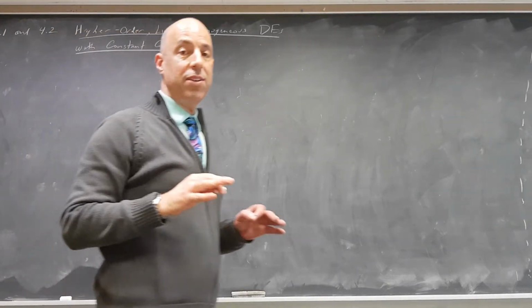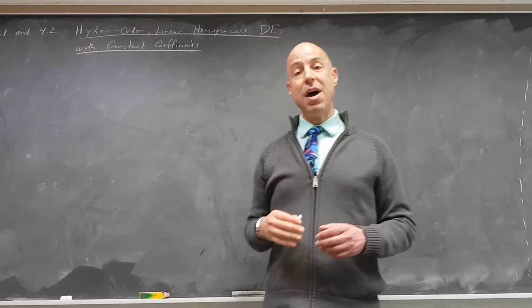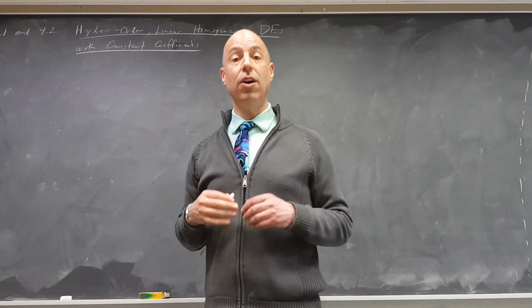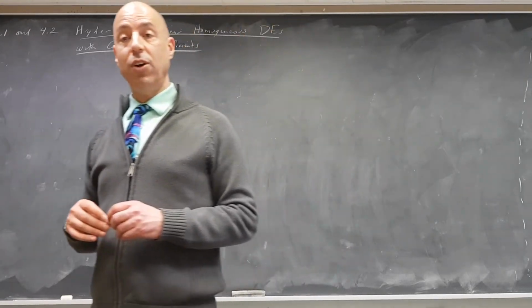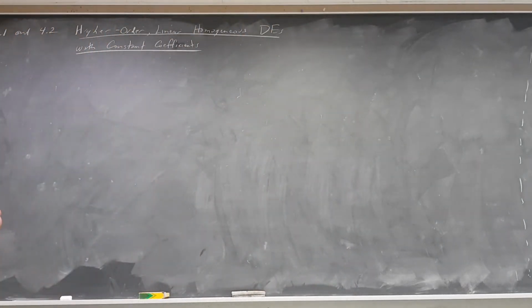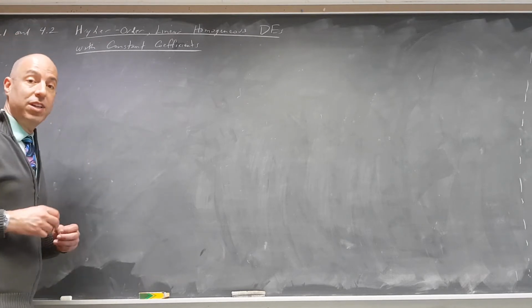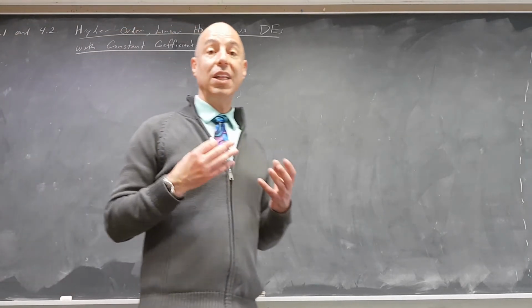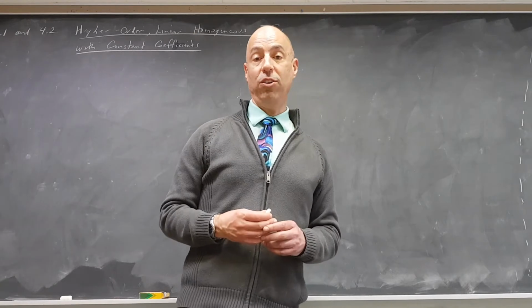So we've just spent a good amount of time talking about second order linear homogeneous differential equations with constant coefficients. And then we went on to talk about second order linear non-homogeneous equations with constant coefficients.